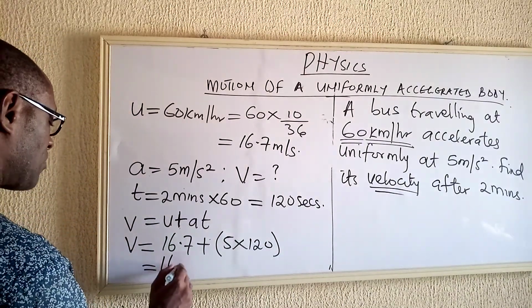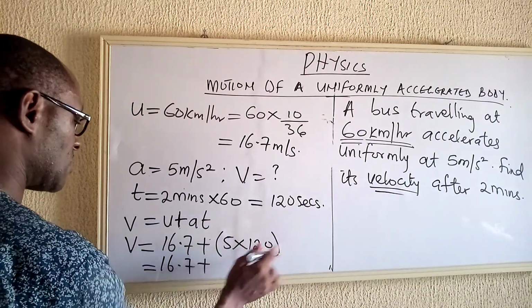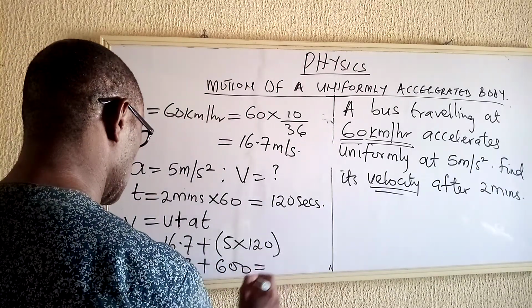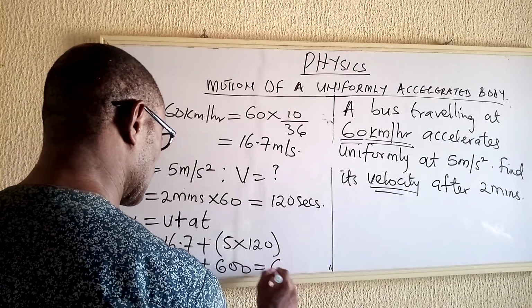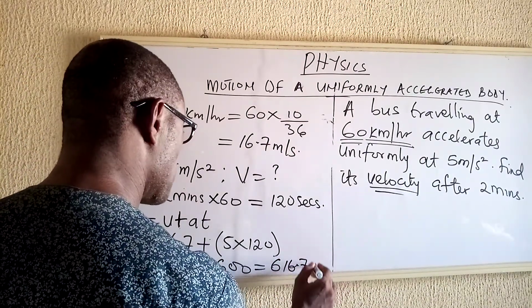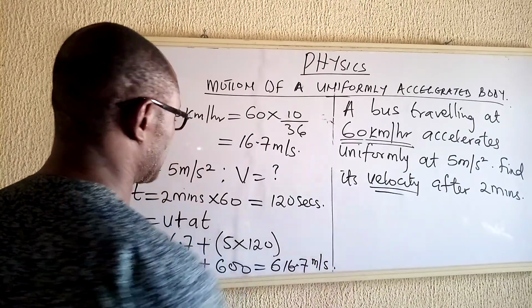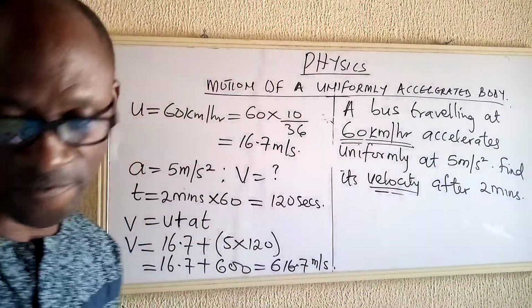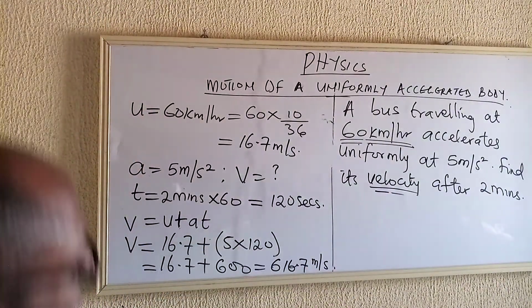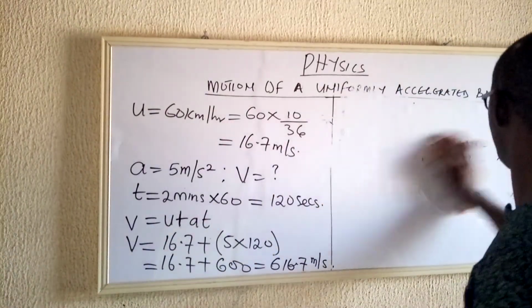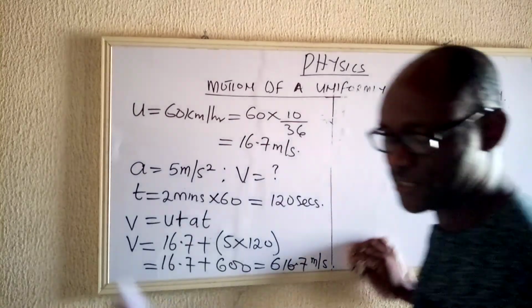That will be 16.7 plus 600, so that will be 616.7 meters per second. So that is the final velocity we are looking for. Let's have a look at another example.